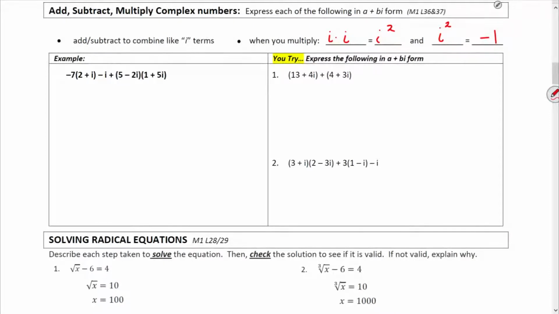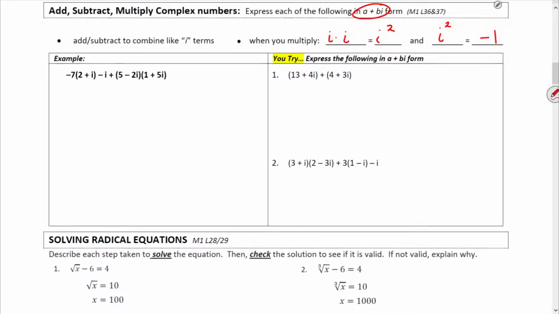Now as you add, subtract, multiply, and divide complex numbers, you treat i as if it's any other variable like x. But if you get other powers of i, like i squared, then you simplify that down and you combine it to give an answer in the form a plus bi.